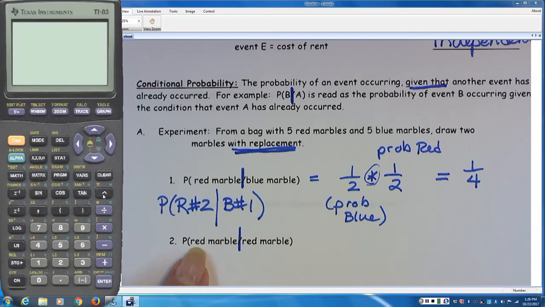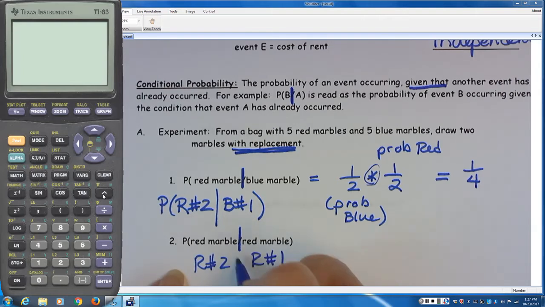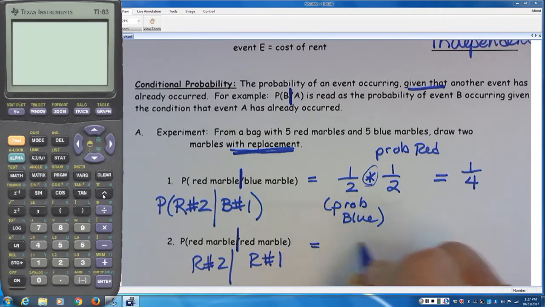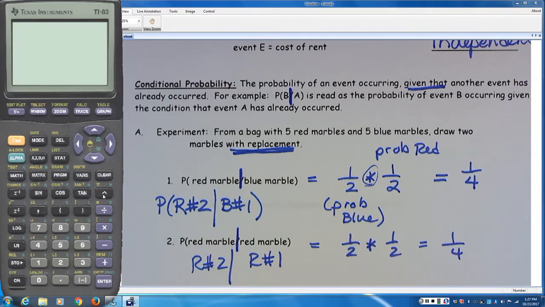What's the probability you get a red marble given that the first one was a red one? Is it any different? Yeah, they're being replaced. So that's still going to be 1/2 times 1/2, which is 1/4 or 25% or 0.25.